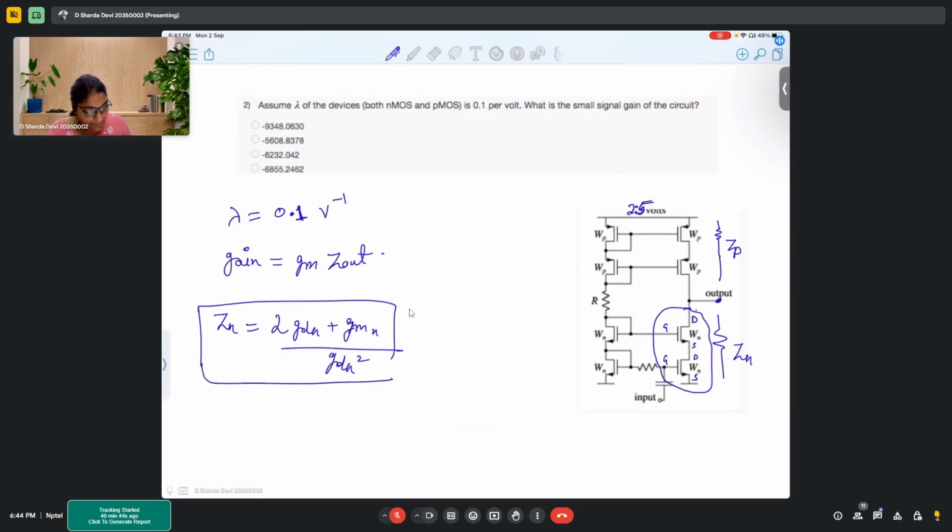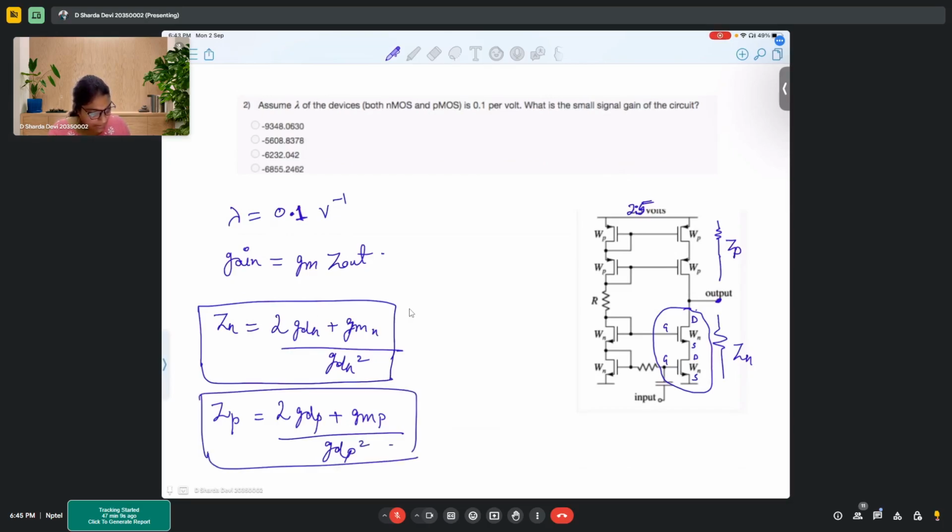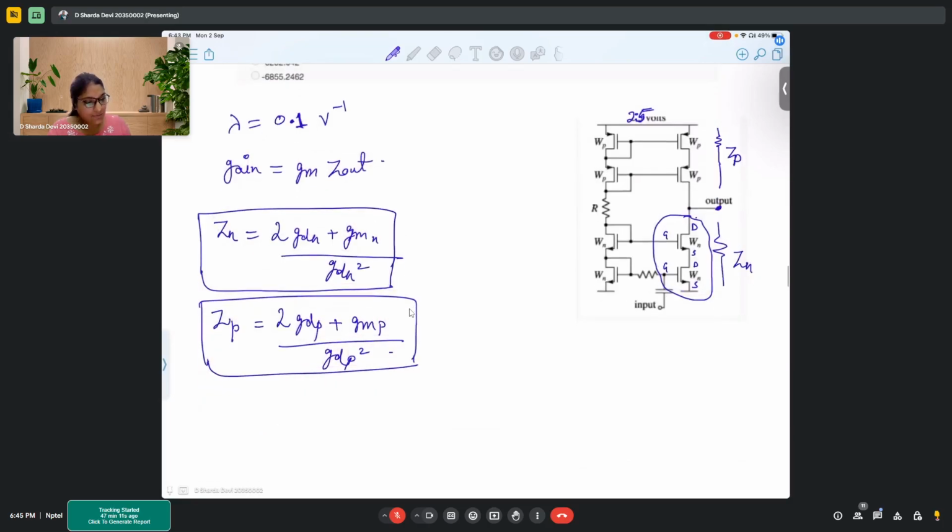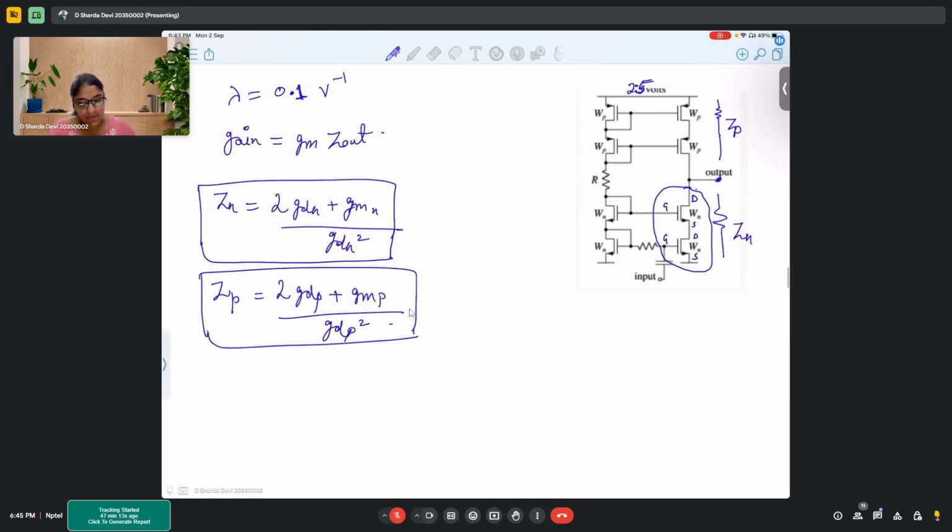This is very simple to remember and can be used easily. In the similar fashion, we have for Zp, (2GDP plus GMP) upon GDP square. So this is how your Zn and Zp will look.